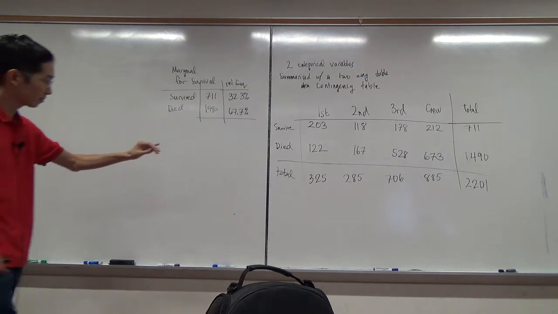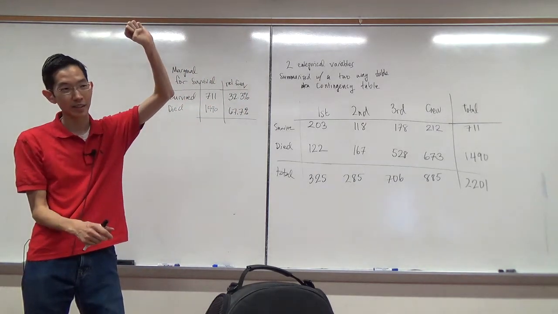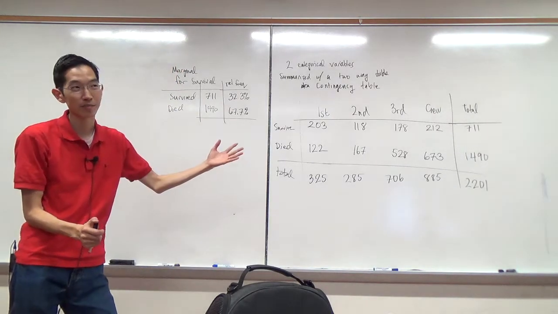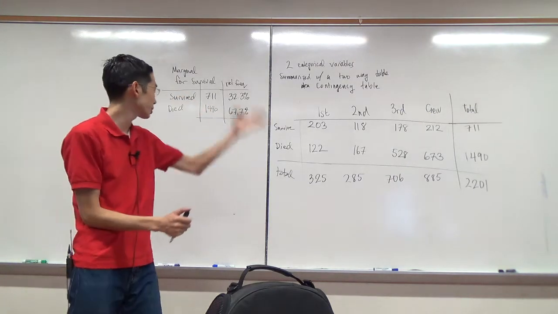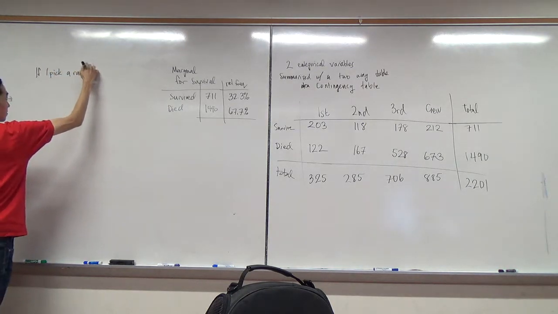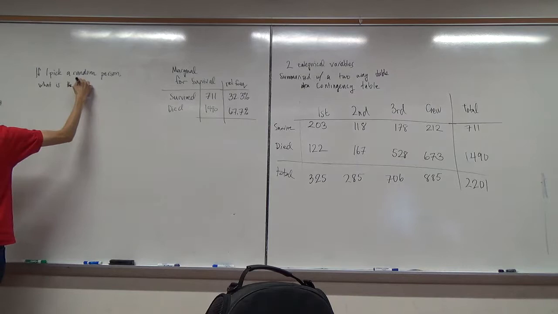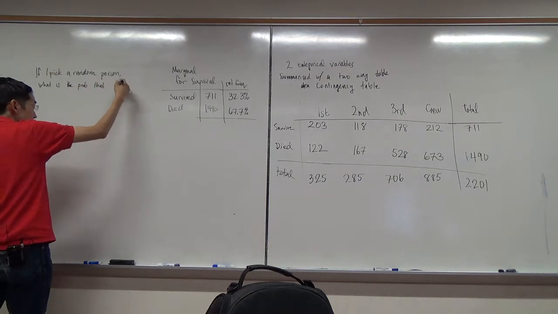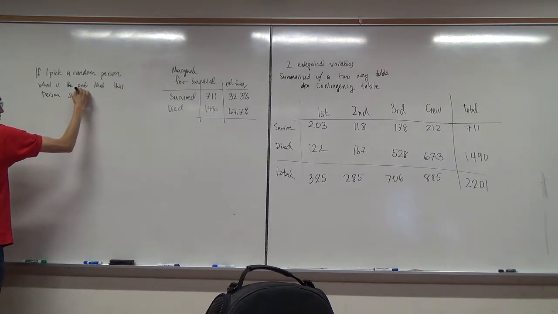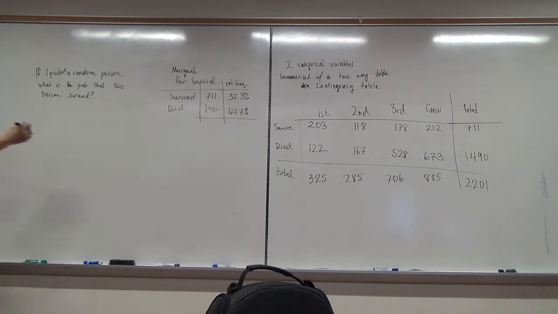If I picked a random person aboard the Titanic when it left, and I asked, what is the probability that at the end of the voyage this person survived? You would say 32.3%.